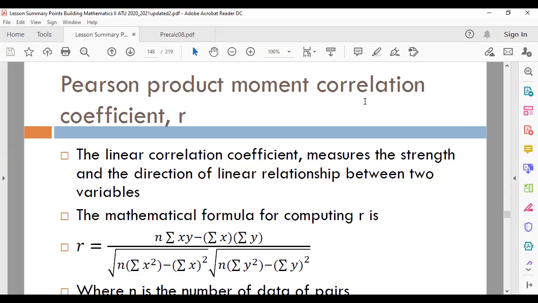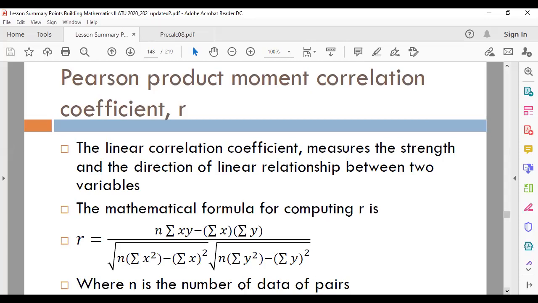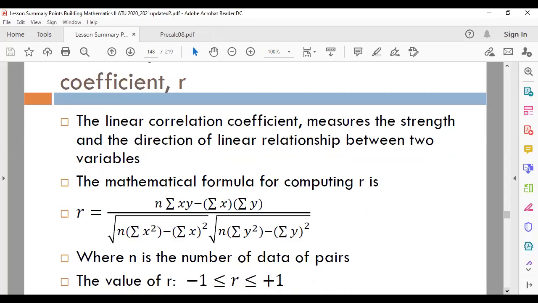So a very important measure of relationship is what we refer to as Pearson's product moment correlation, and your R is the correlation coefficient. In very simple terms, the formula for R is indicated as shown. So please write it down.